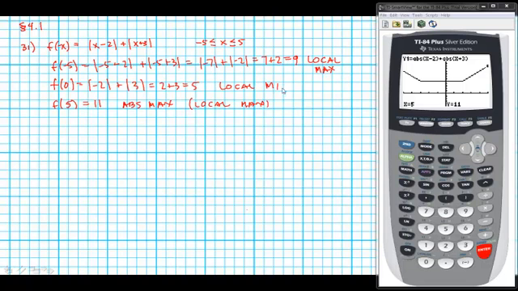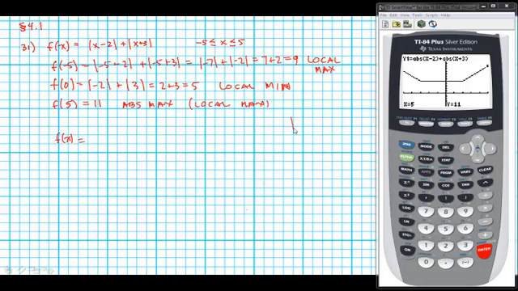Now, that's great. We got the calculator, and it helped us out immensely. But there's something a little bit unsatisfying here, and that is, why does that graph look like that? And maybe this is worthy just of a little bit of exploration about the nature of these piecewise functions. An absolute value is a piecewise function.